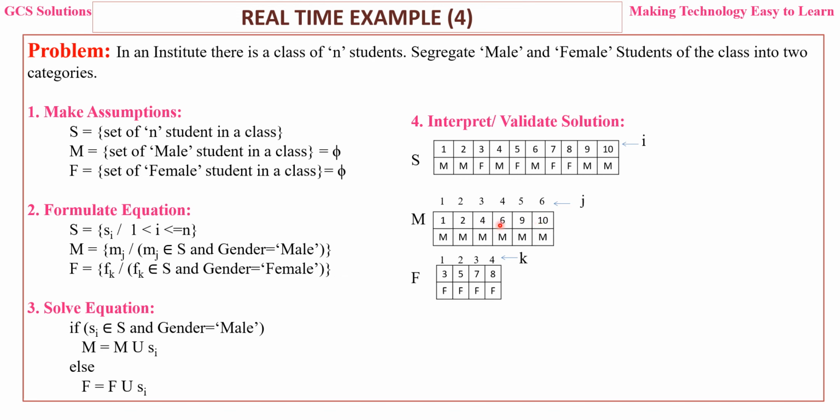Here I have the first member of the male set, that is student number 1, student number 2, student number 3. Is it? No. Student number 3 is female. So actually student number 4 is male, but the third student of my male set is again a male.